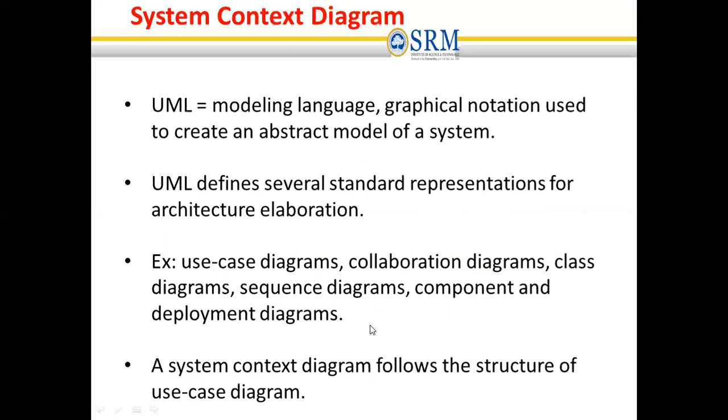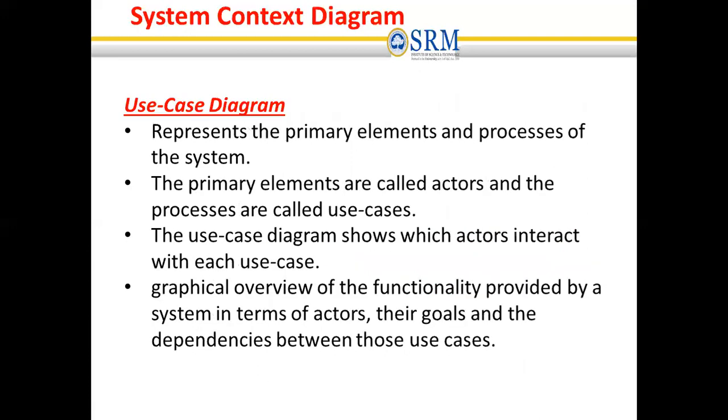With the help of UML, these several types of diagrams can be drawn to adequately represent the behavior of your system. A system context diagram follows the use case diagram, so we need to understand more about use case diagrams. Let's get into what use case diagrams are.